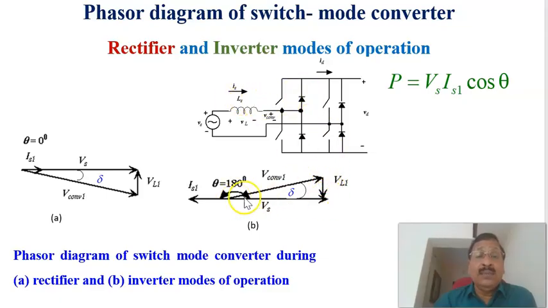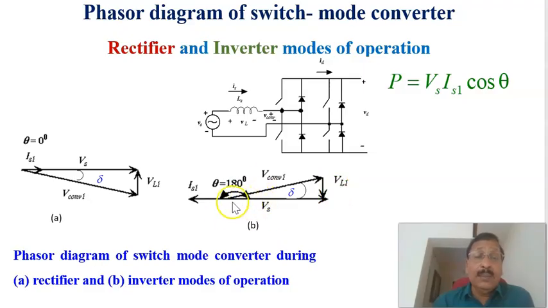Therefore, in that case the current vector will be 180 degrees out of phase with this grid voltage, or the current will be flowing from the DC side into the AC side, or the converter is working as an inverter. The power flow is from the DC side to the AC grid, so this converter is working as an inverter.